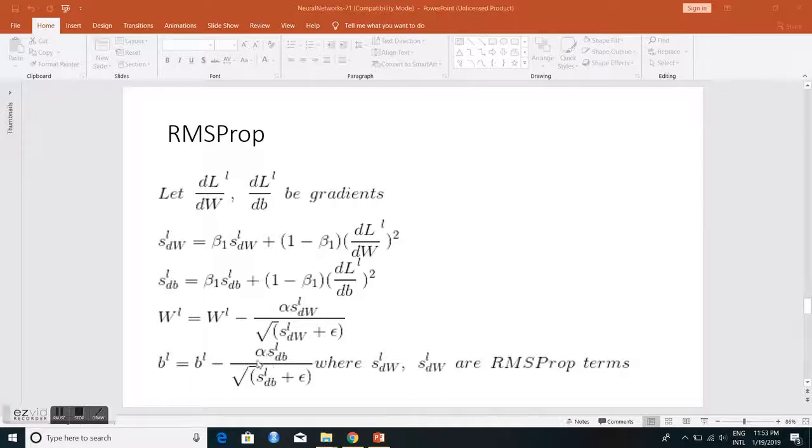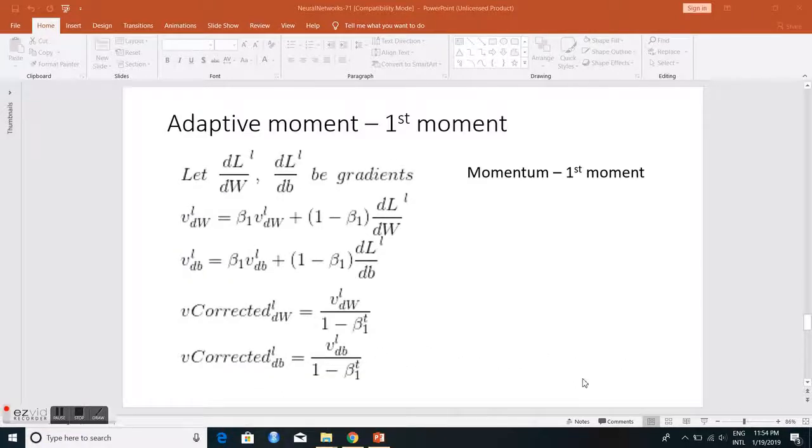Epsilon is added to avoid a division by 0. Similarly, b_l in any layer L is the bias in the previous iteration minus the learning rate alpha times dL/db divided by the square root of S_db plus epsilon, where S_dW and S_db are the RMSprop terms.